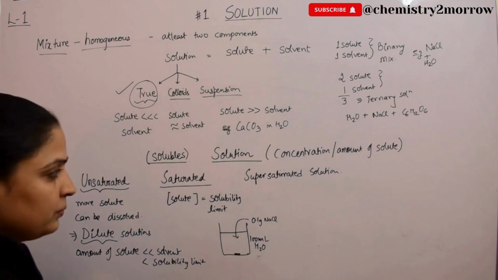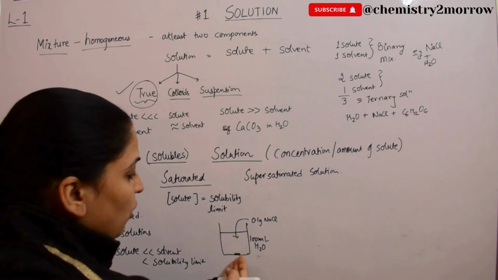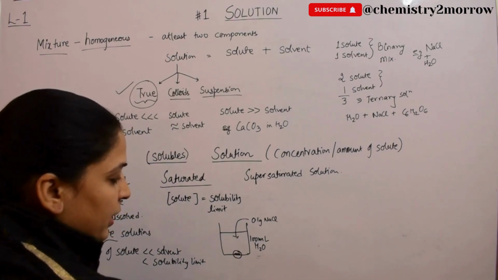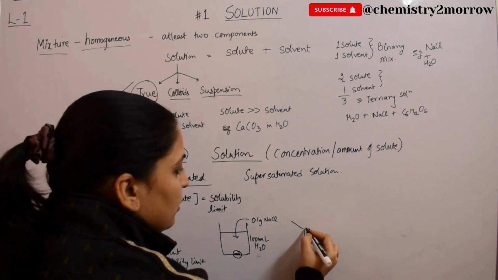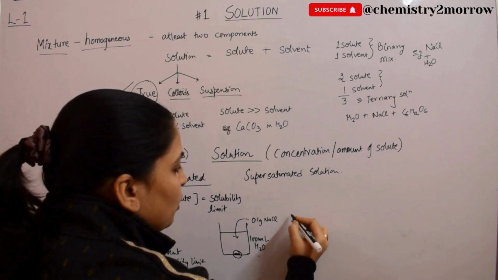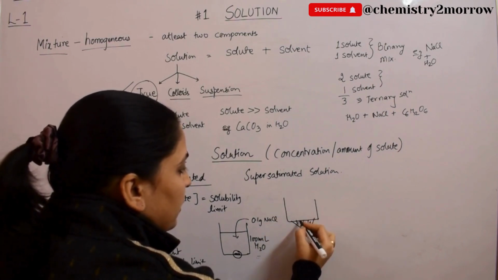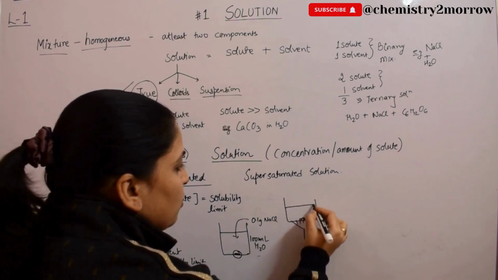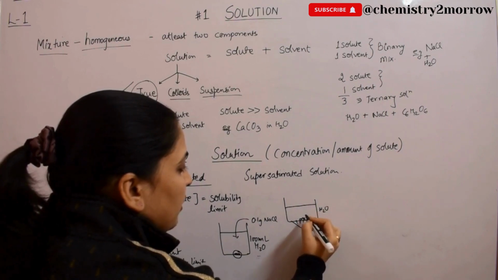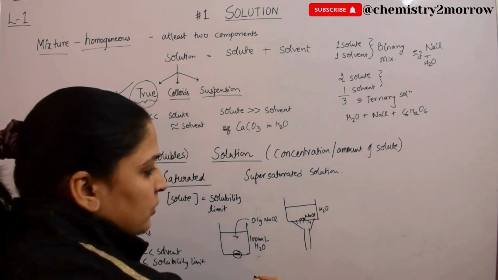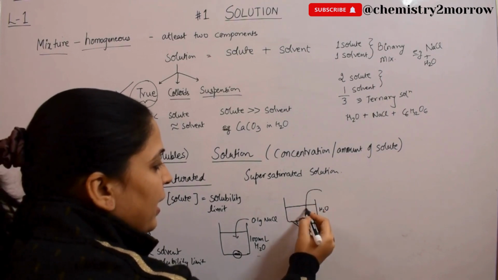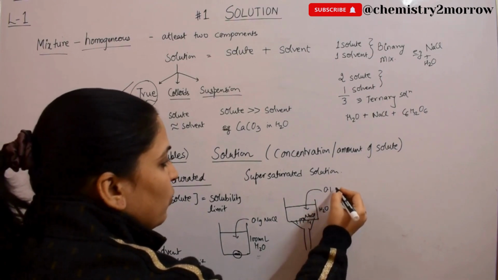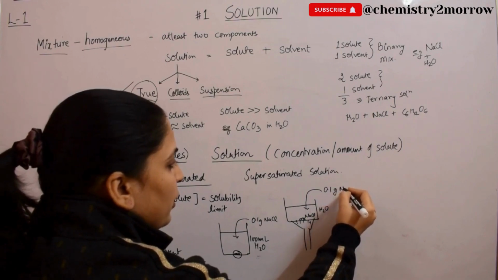Now, how can I dissolve this extra amount of NaCl? I can always heat the solution. If I heat the solution, then this excess amount will also dissolve. And when this dissolves, I can still add more 0.1 gram of sodium chloride.